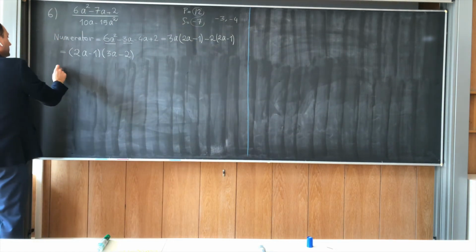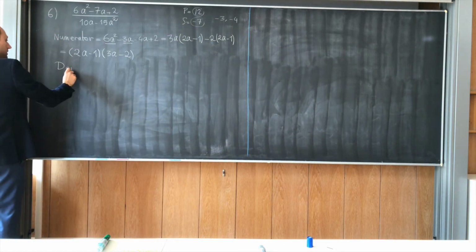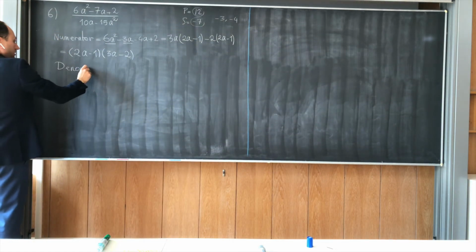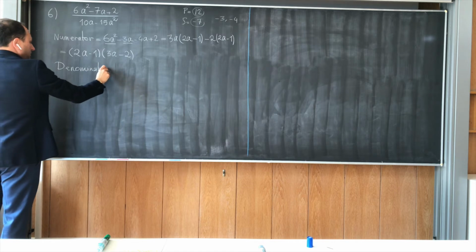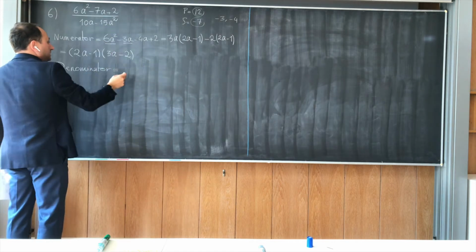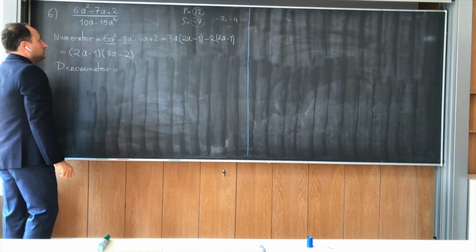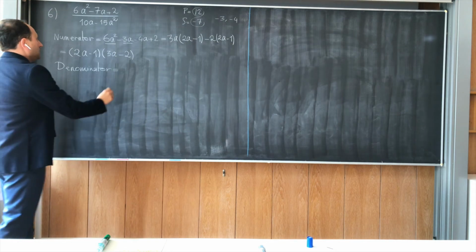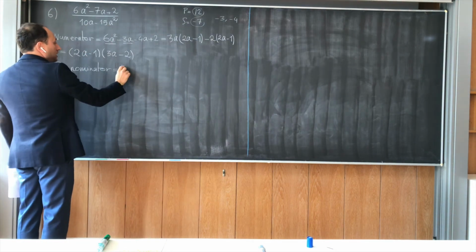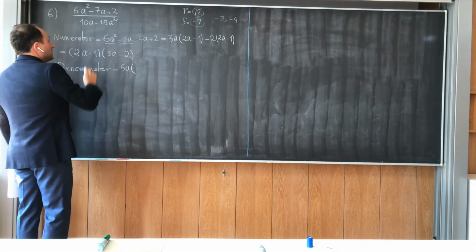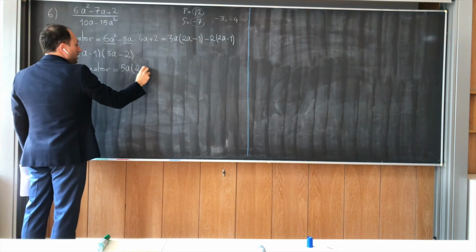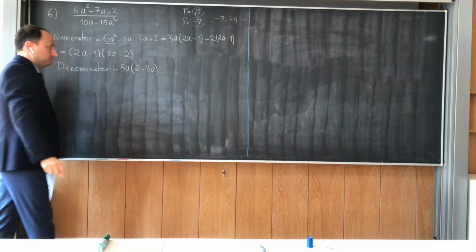And now if I go to the denominator, this is simple, yes, because it is clear that I can factor 5a out. Between these two, I can factor 5a out, and then I have 2 minus 3a.